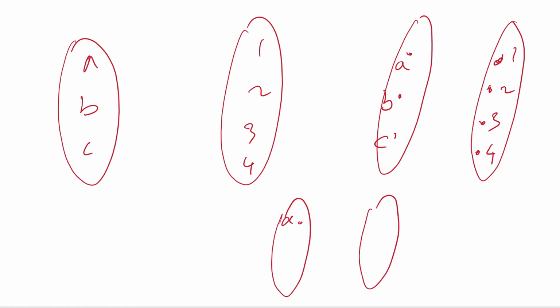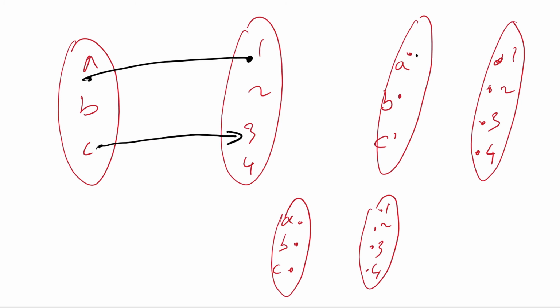Here we have a, b, c, then here we map to 1, 2, 3, 4. So I'm just going to draw the mapping for this: this maps to 1, and then this maps to 3. So this is just some example. Then this also maps to 1. So B maps to 2, C maps to 3, then C also maps to 3.